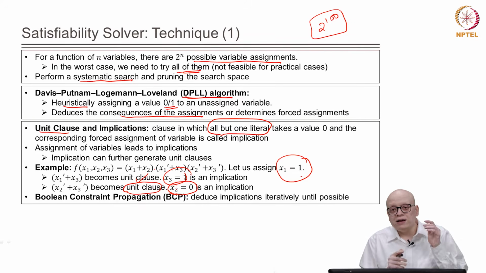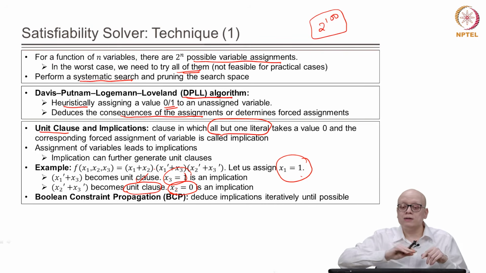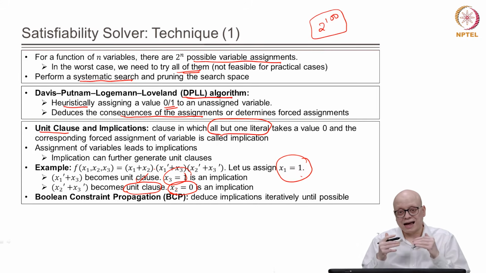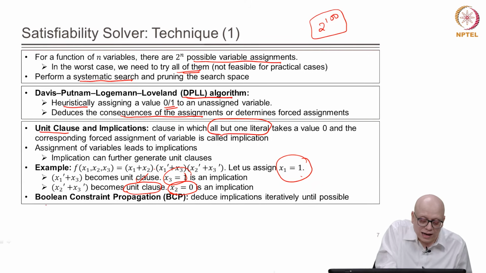So, given a variable assignment, there can be multiple forced assignments or multiple implications which we are forced to make, and there is a task done inside the SAT solver, which is known as Boolean constraint propagation.